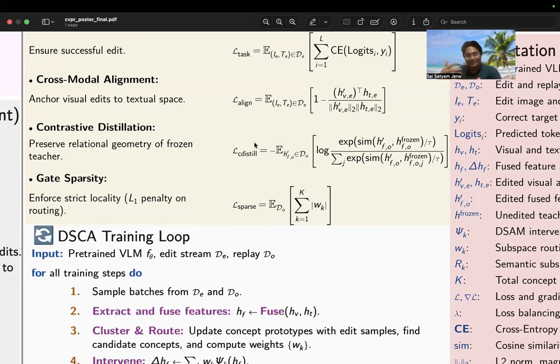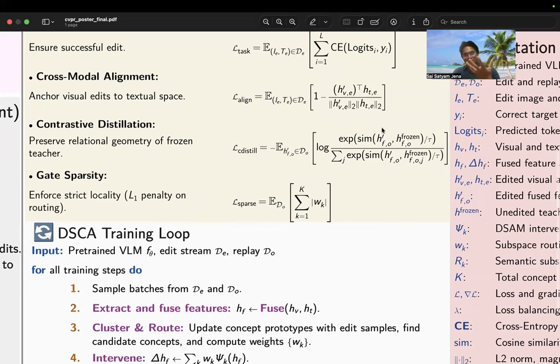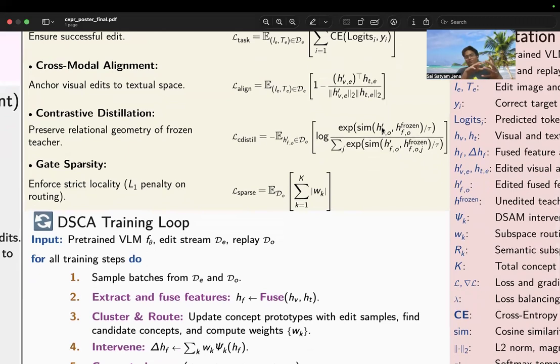So how exactly do we achieve it? This is also a cosine similarity, but we have converted it into a softmax using a temperature parameter. The H dash F O means out of distribution, the things on which we are not editing. Suppose we pass an example of out of training set data to our model. Then in that case also, these DSAM parameters are there, so some edit will also be proposed.